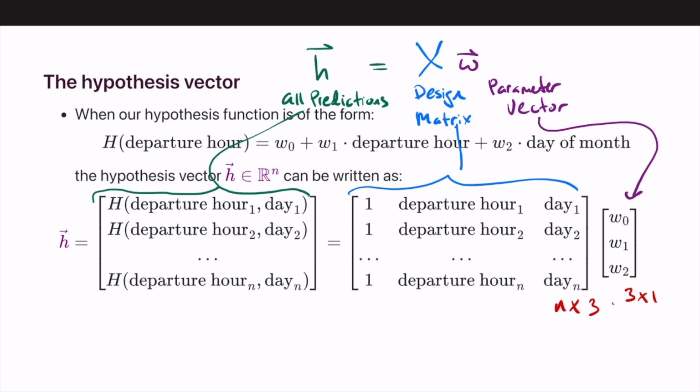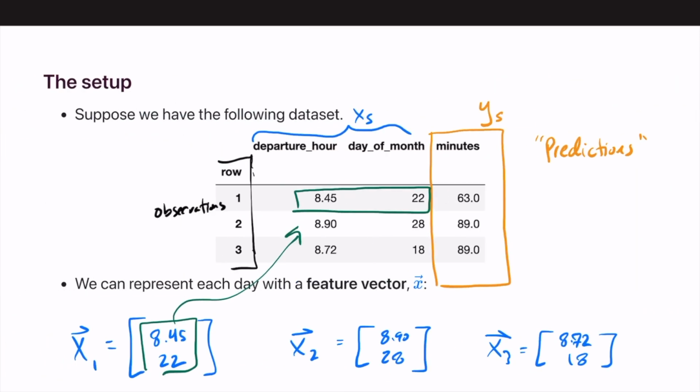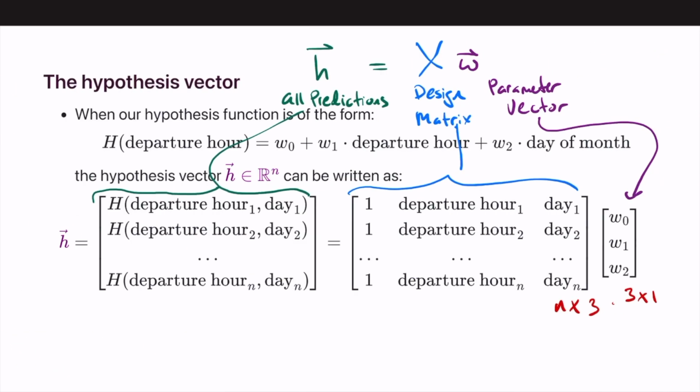So maybe let's say our first x1 is 8.45 and 22. So we have, not this in blue. Let's just call it departure hour 1 and day 1. So our feature vector of x1 is equal to departure hour 1 and day 1.